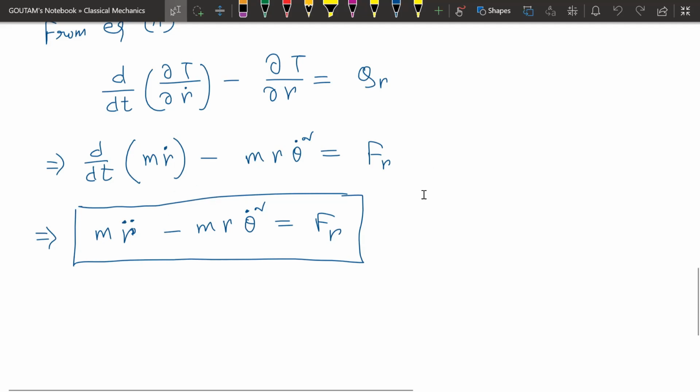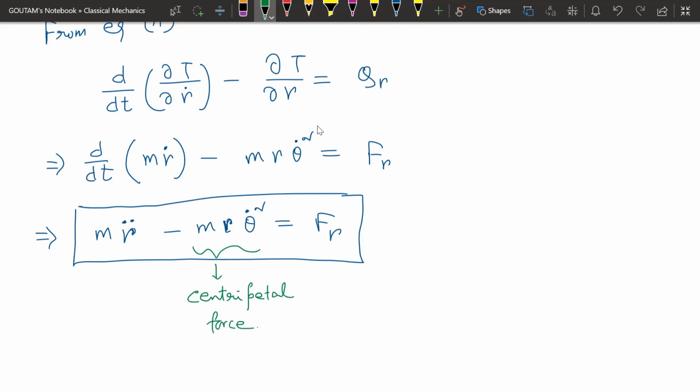Okay, so this r theta dot squared is the centripetal acceleration, and m r theta dot squared is the centripetal force. So we are not in the inertial coordinate frame anymore.